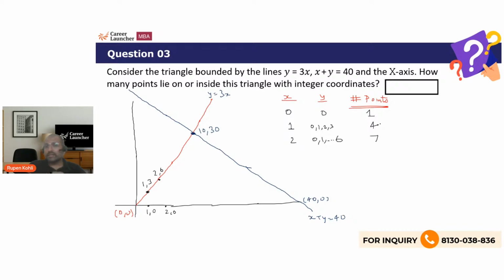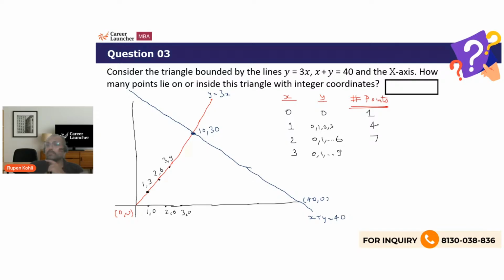Can you see that 1, 4, 7 is an arithmetic progression? We can add the number of points by this sequence. Let's see one more time. When x is 3, we have (3, 0), and this is (3, 9) on the line. So all these points are from 0 to 9, which are 10 points.